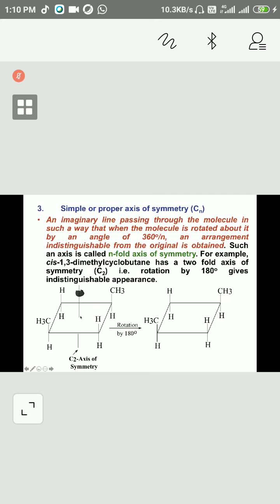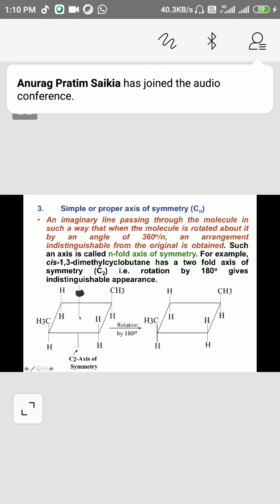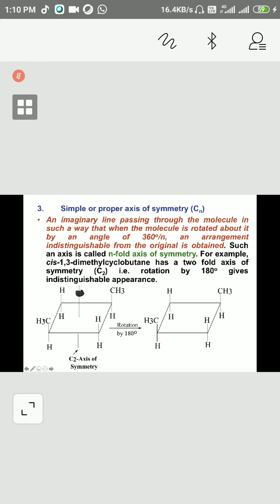So if you rotate from here to here, it will be 90 degrees. Then again you rotate 90 degrees, then this methyl group will come exactly here. So after rotation of 180 degrees, you will get exactly the same molecule. So what is the axis of symmetry here? The axis of symmetry is 2, because 360 by 180 is equal to 2. So n is equal to 2. Then Cn is equal to C2.